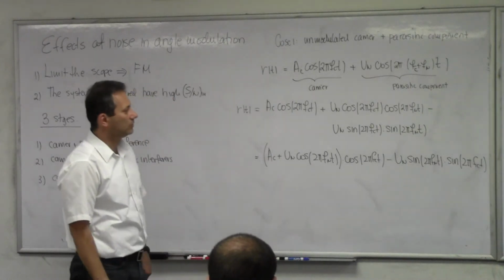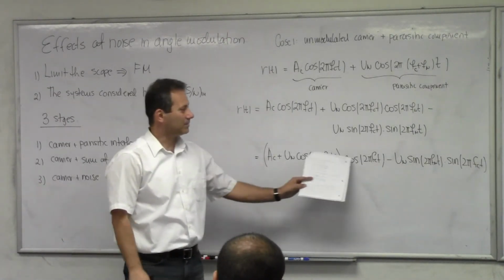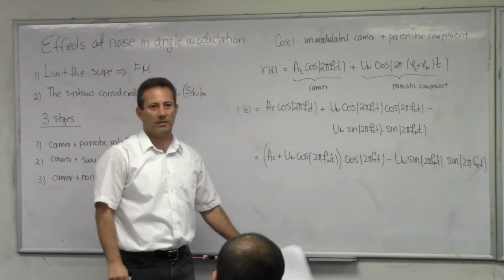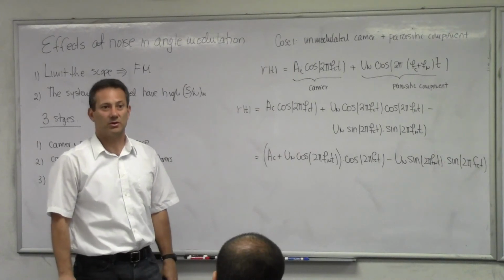Whenever you see me do this, you know what happens next, right? When I have A times cosine plus B times sine, I'm going to determine the amplitude and phase, merging these two into a single cosine.